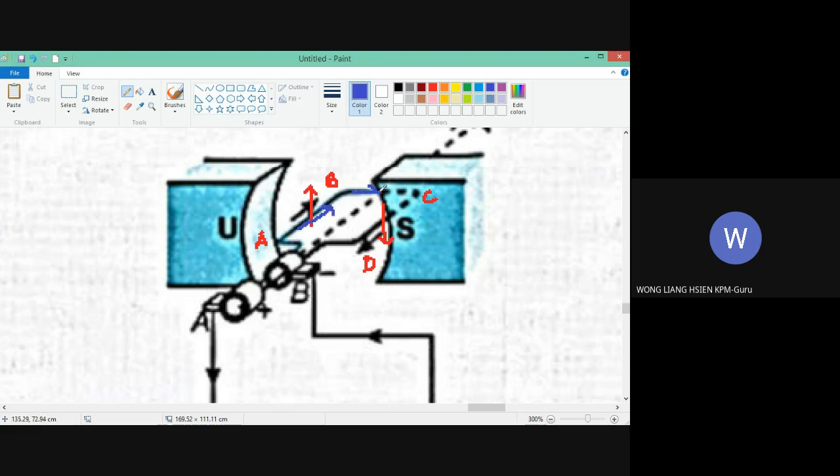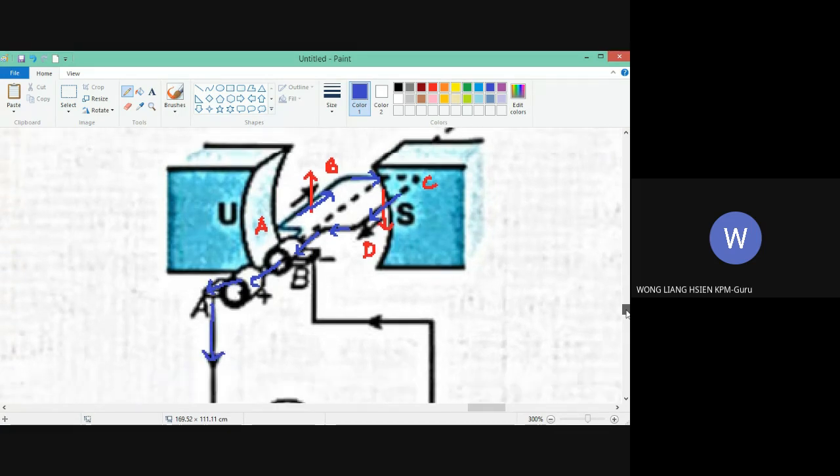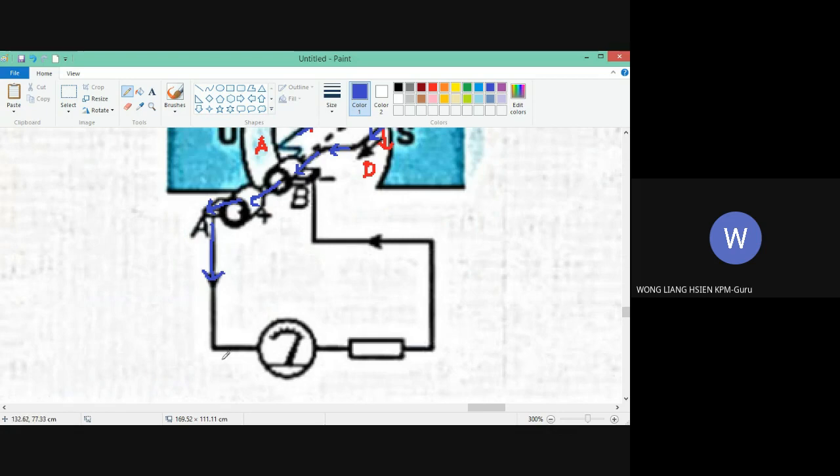It will flow this direction, to slip ring A. Remember, the CD part of the coil connects to slip ring A. So it will come out here, go down here, and pass through the galvanometer.